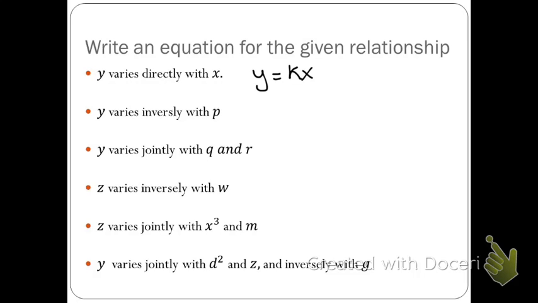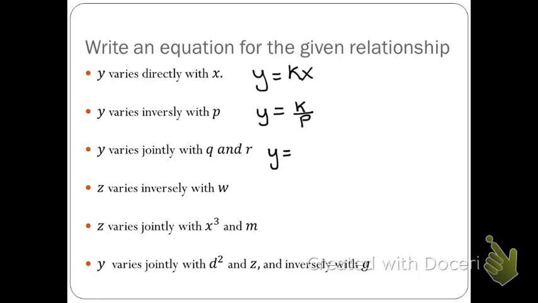Well, if it varies inversely, so y varies inversely with p, and notice it says y varies or x varies, so that letter is what comes first. So y varies inversely. Now inverse means drop it underneath. So it varies inversely with p. P has become our x per se for this one. Jointly. Jointly means they're all in a line again.